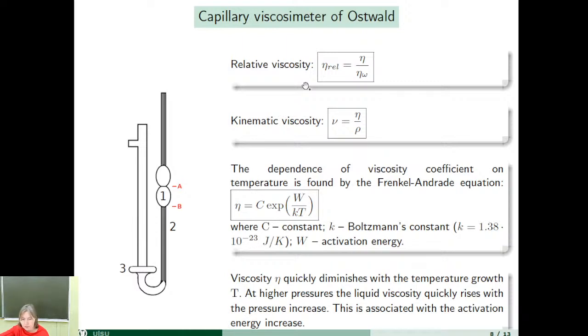Kinematic viscosity is nu. It is the ratio of the dynamic viscosity eta to density.